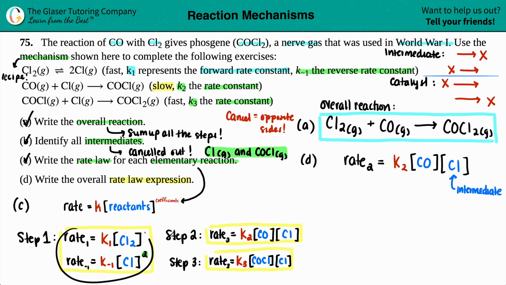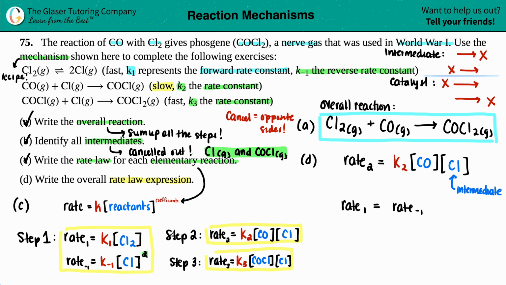But now you have two rates. Remember, the whole idea at equilibrium is that the forward rate equals the reverse rate. So the forward rate, which was rate 1, equals the reverse rate, rate negative 1. Rate 1 equaled K1 times Cl2, and rate negative 1 equals K negative 1 times Cl squared.